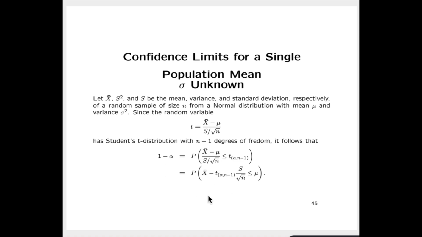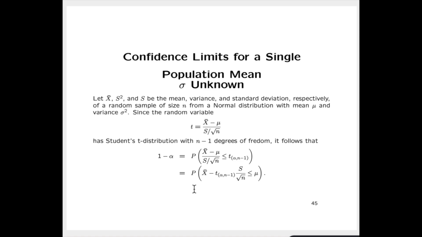So again, let's think carefully about what this is saying. Whenever we have a probability statement, there's always at least one random variable in the event whose probability we're trying to find. In this case, we actually have two random variables, x bar and s. So the left side of this inequality is a random variable, a combination of x bar and s.